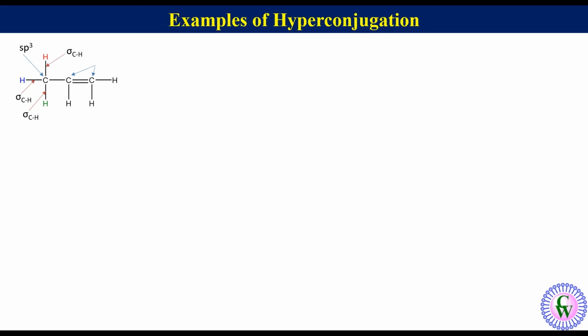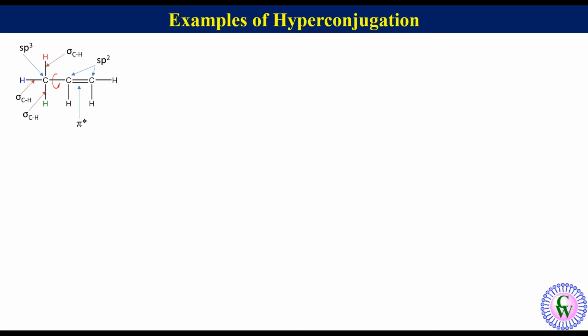These 2 carbons are sp2 hybridized. There is a vacant pi star molecular orbital. CH3 can freely rotate about the CC single bond.